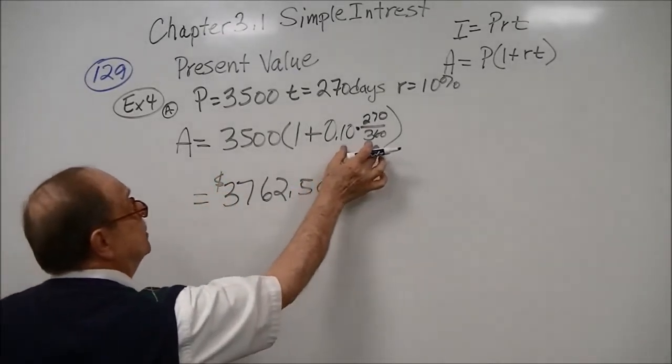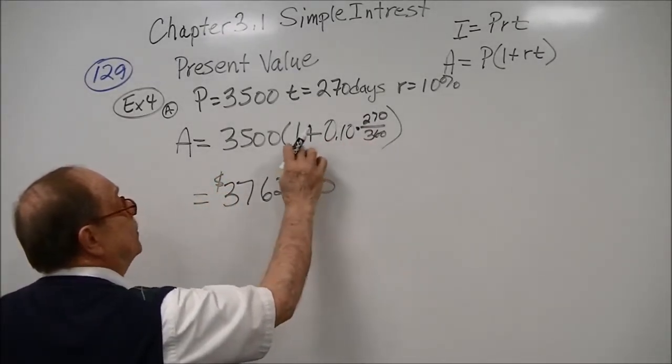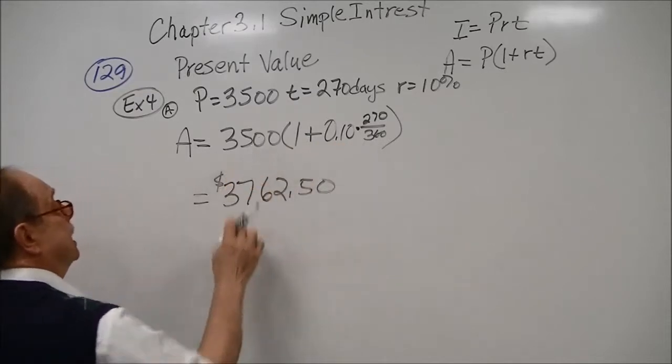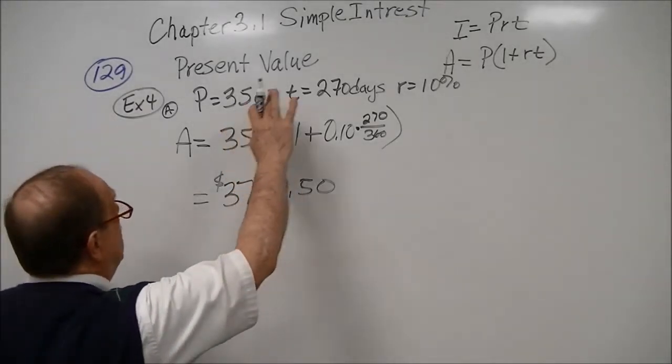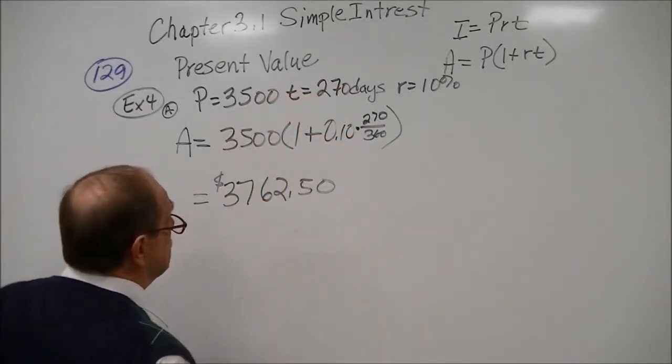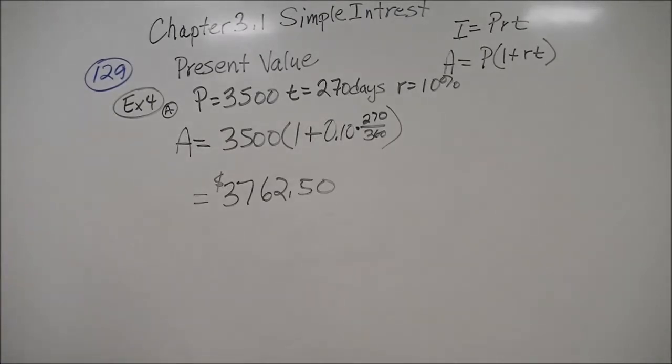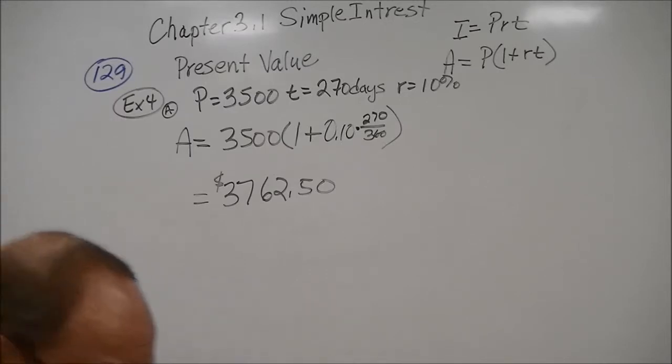Now remember, you want to do this in your calculator, add 1 to it, then multiply it by this. So this is what I would have to pay after 270 days.